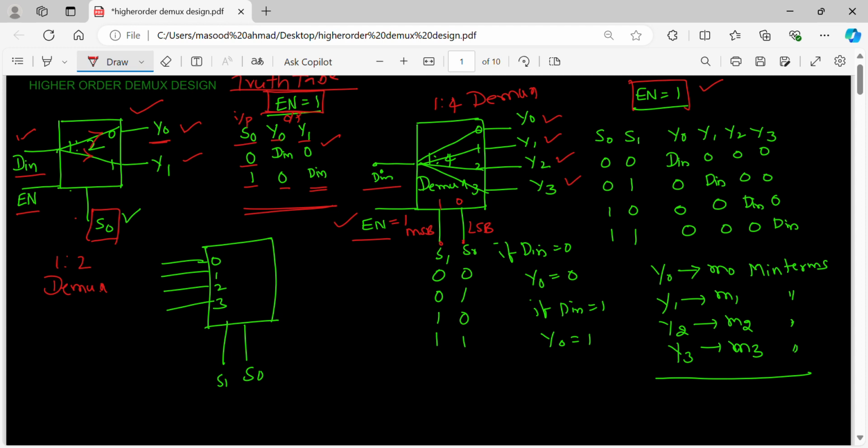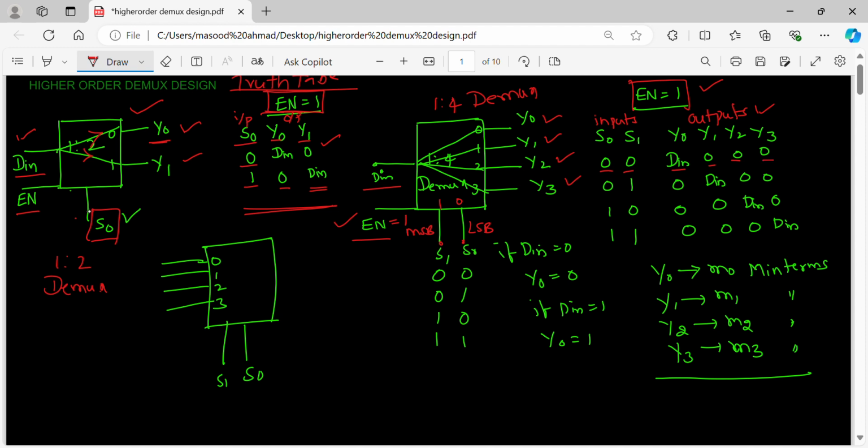Now I have a couple of inputs, S0 and S1. Of course, Din is also an input. Then we have a couple of outputs, which are going to receive from the input what D in is. So for 0 0, Y0 is D in, but the rest are all zeros.